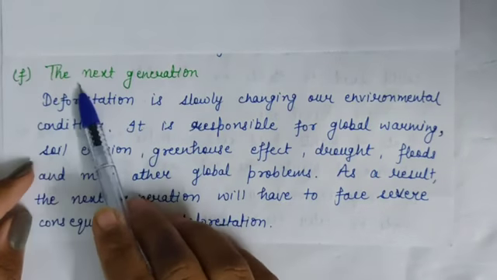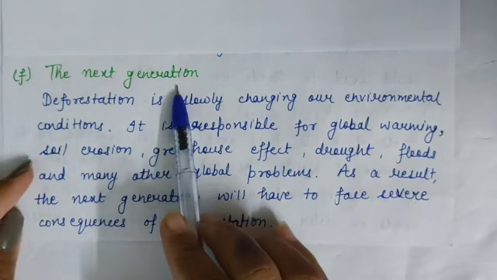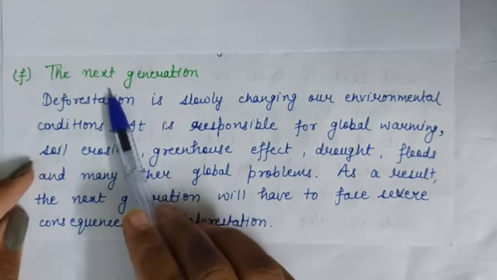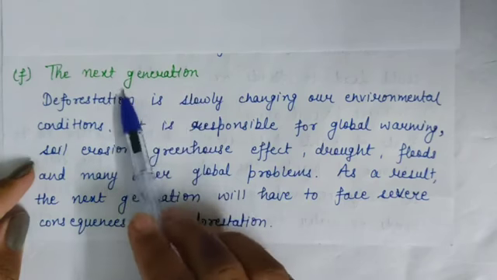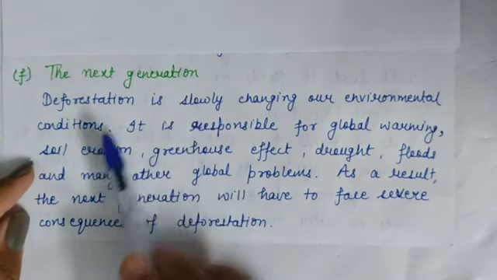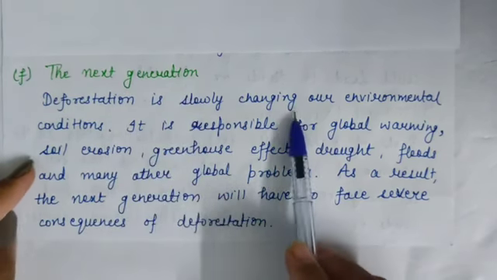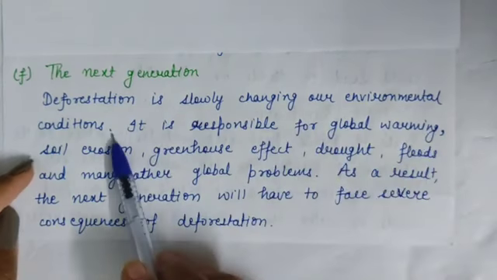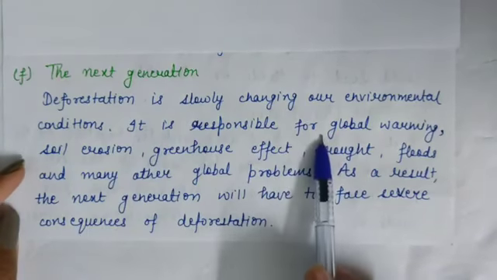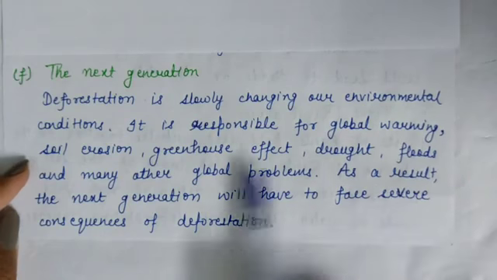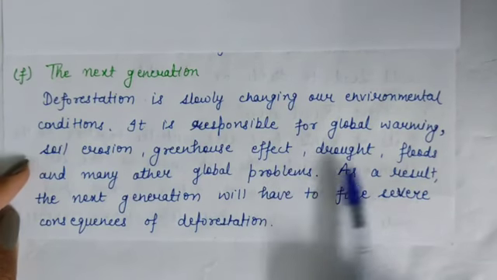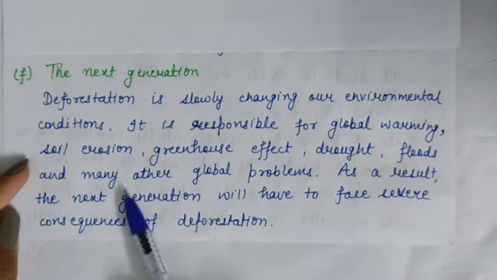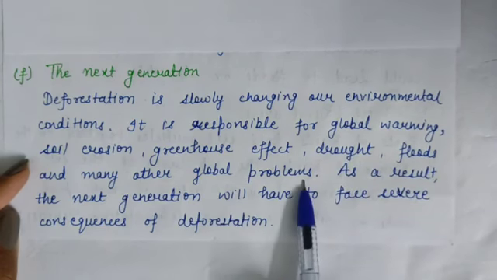Now the next part is the next generation. Means deforestation also affects our upcoming generation. Deforestation is slowly changing our environmental conditions. It is responsible for global warming, soil erosion, greenhouse effect, drought, floods, and many other global problems.